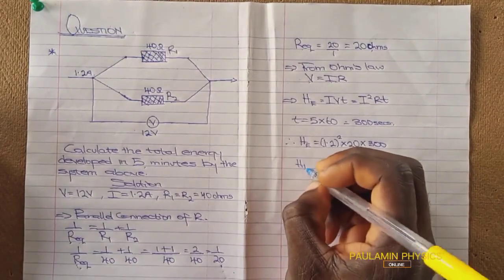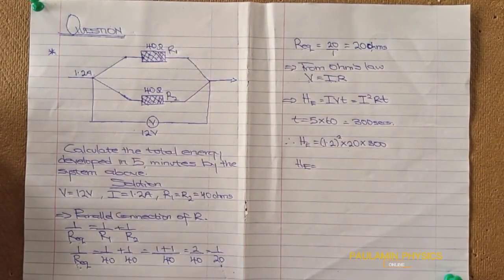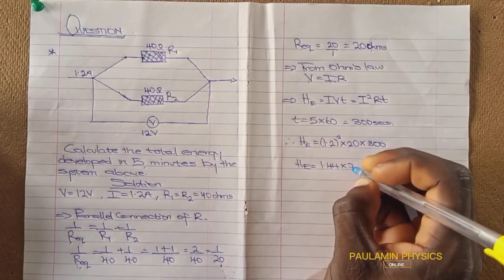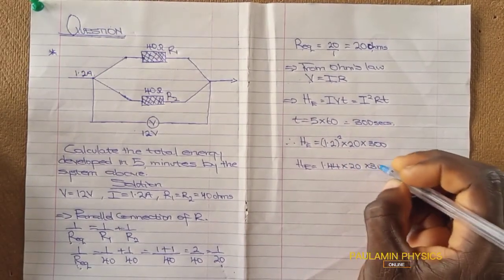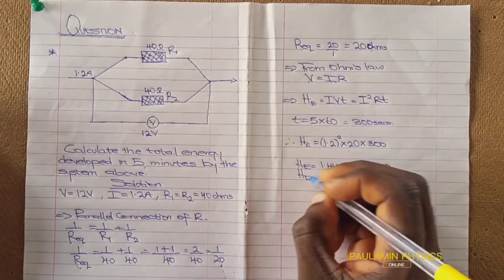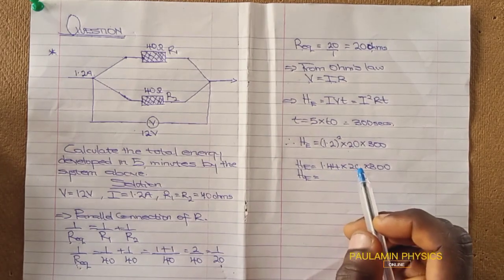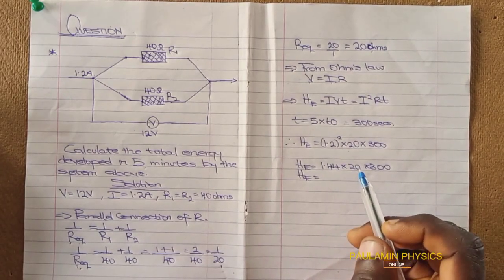Okay, so if I take 1.2 squared, 1.2 times 1.2, that will give me 1.44, times 20 times 300. So let's take the product of all of this: 1.44 times 20 times 300.